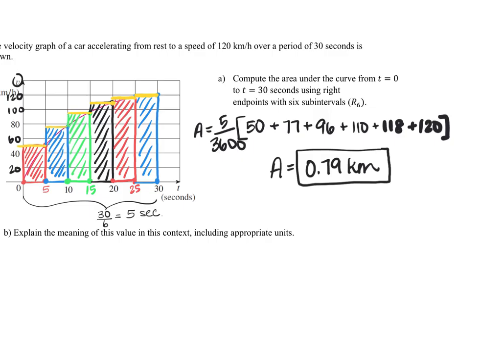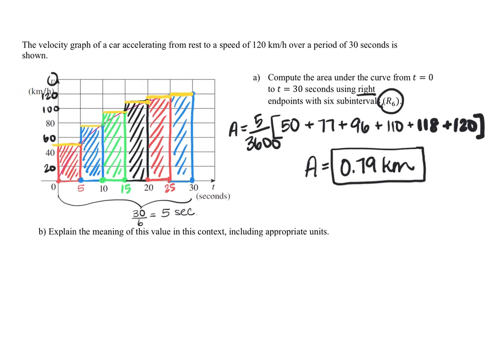So this is going to be a right-hand estimate. We call it R sub 6, a right-hand estimate with 6 subintervals to compute the area under this curve from 0 to 30 seconds. And lastly, we want to explain the meaning of the value in this context, including the appropriate units. One more time, remember we're computing area by base times height, the area of a bunch of rectangles.